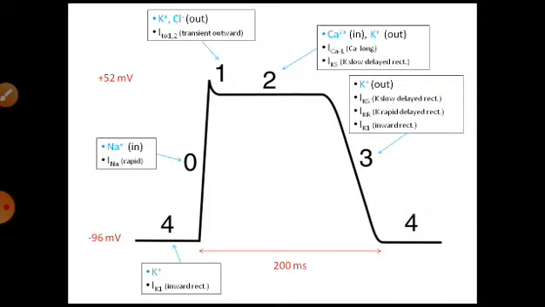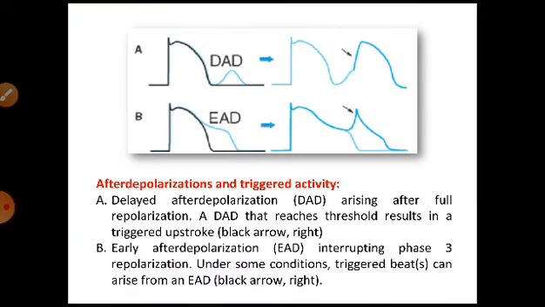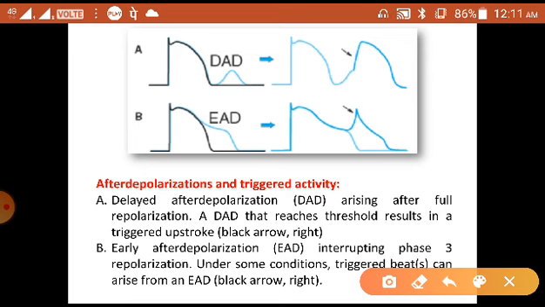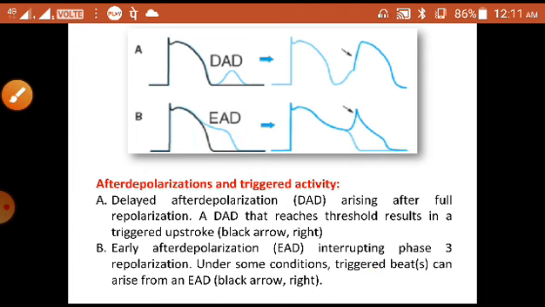Suppose the action potential generated here initiates and dies, meaning it does not reach threshold. Then it will die and won't affect the normal functioning. But if it reaches threshold, it will generate the impulse. That's the problem.